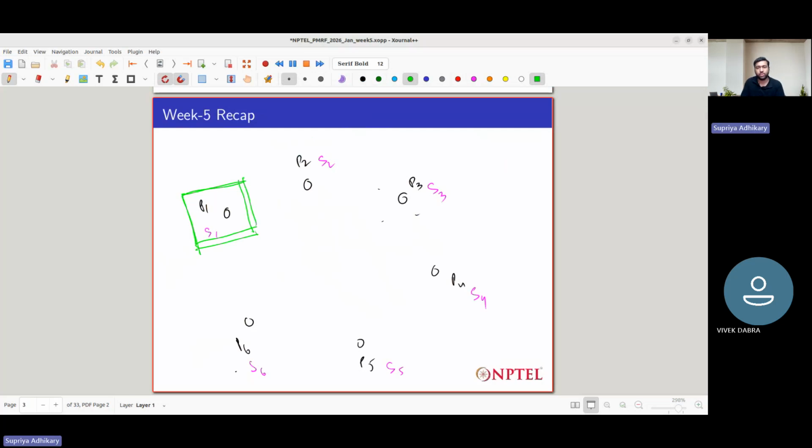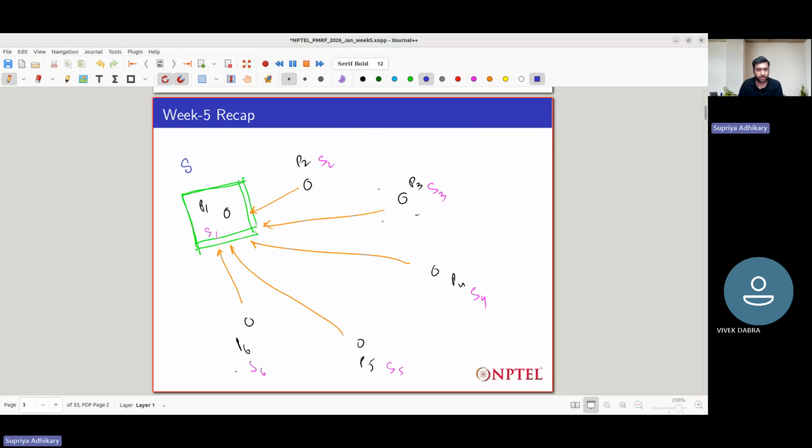Let's say P1 reconstructs the secret. Each of them sends their share to P1 only. We are only considering honest parties, not malicious ones. So P1 will reconstruct the secret S.